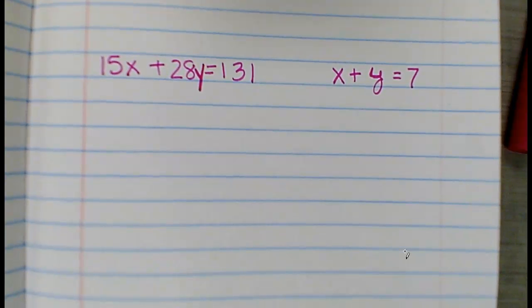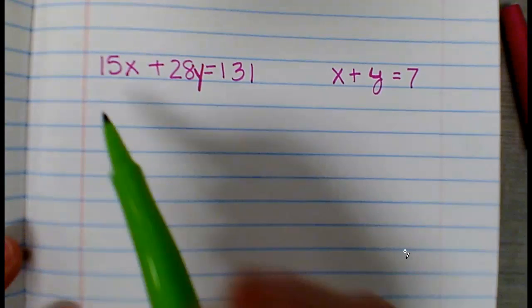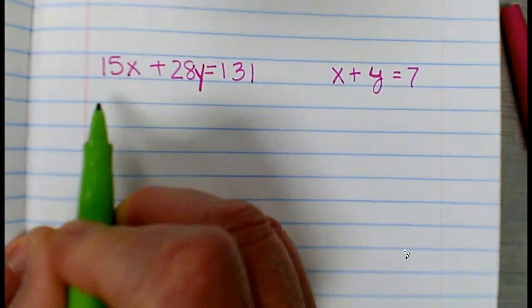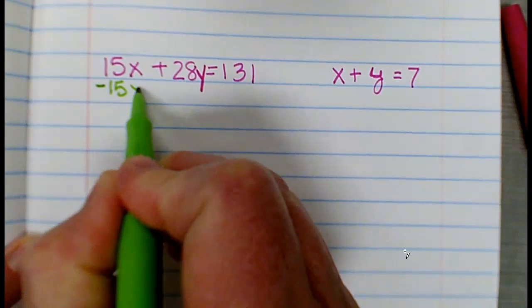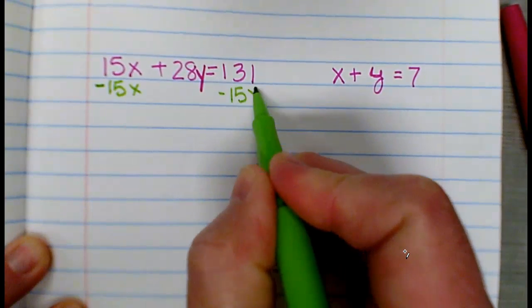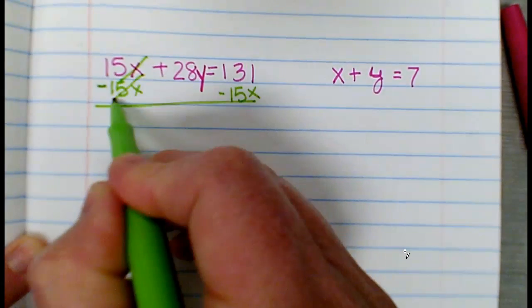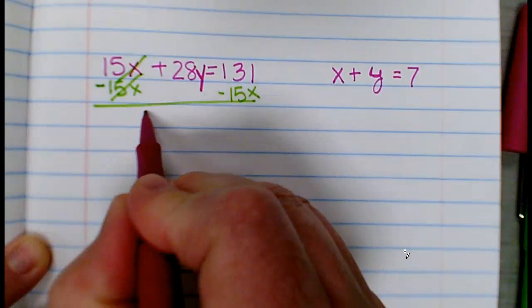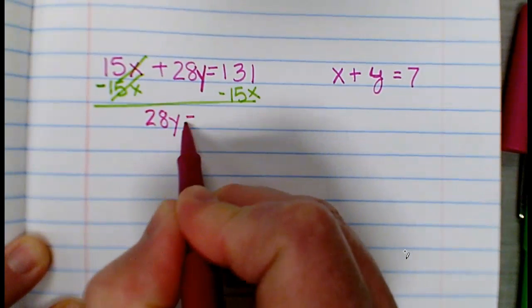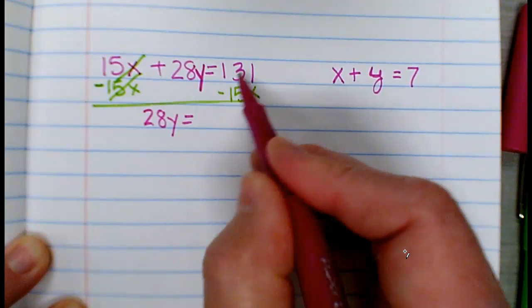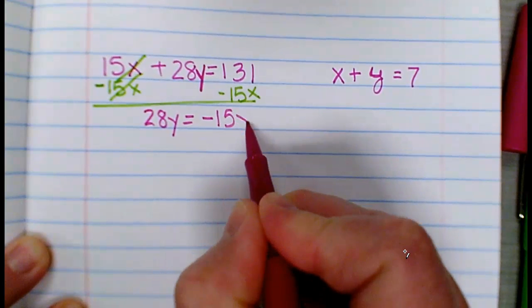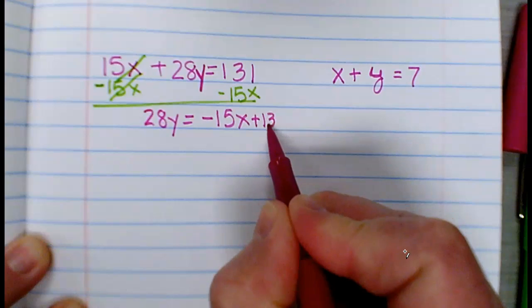In order to solve this by graphing, we need to solve for y. So what are we going to do with this? To cancel this out, bring down your 28y. This one has an x and that one doesn't, so they just both come down.